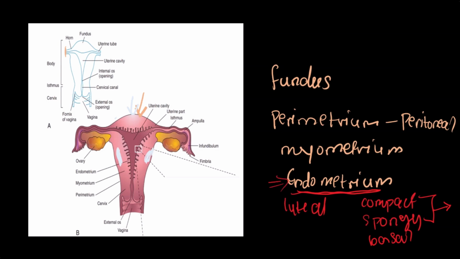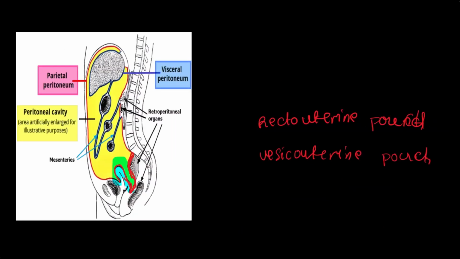Now in the first video of this series, we discussed briefly endometriosis, and we saw that endometriosis could be a cause of infertility, and a key characteristic of endometriosis is the development of endometrial-like tissues in regions outside of the uterus. Now remember when we saw here the retrouterine pouch as well as the vesicouterine pouch.